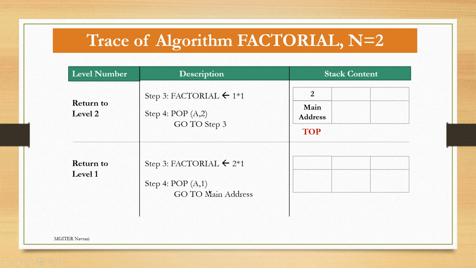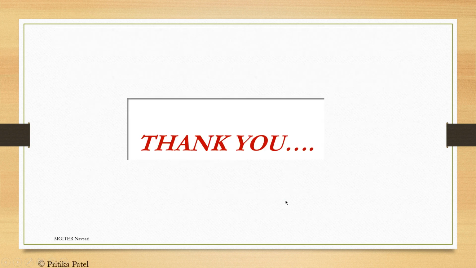So this value will be deleted from the stack and our stack looks like this, and we go to the address, that is the main address, which is the initial value of address. So our tracing stops over here and the algorithm is completed, and our top will become 0, that is the initial position. Thank you.